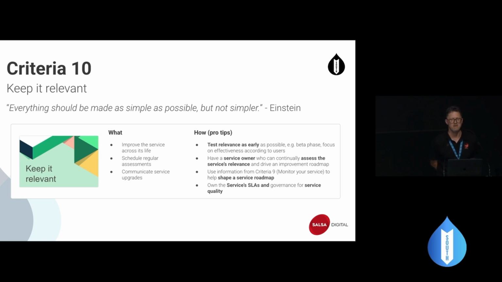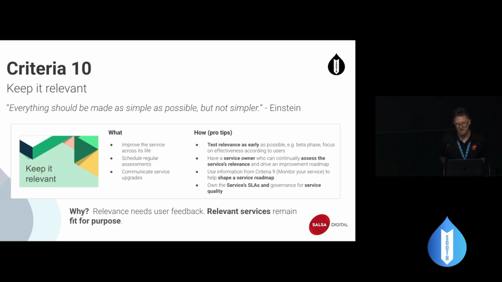Have a service roadmap. Have the service owner own the SLA. All this results in a better managed service quality. So why? Relevant services remain fit for purpose, even as purpose changes.